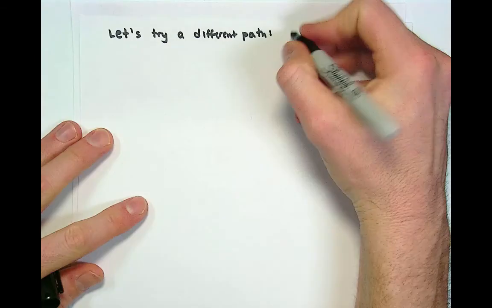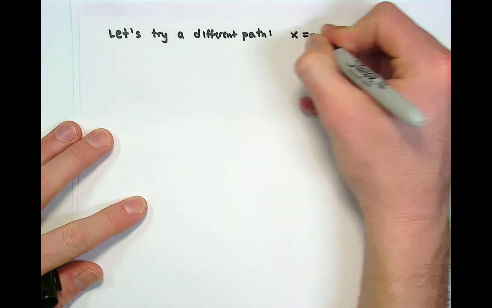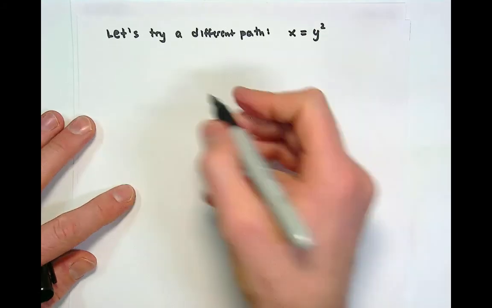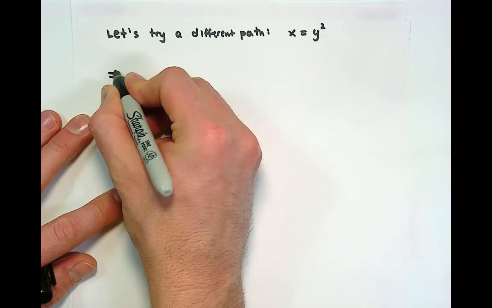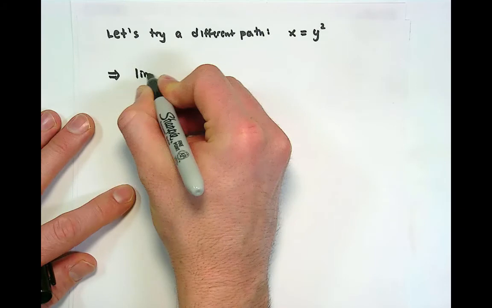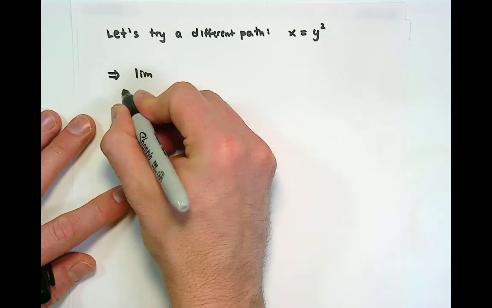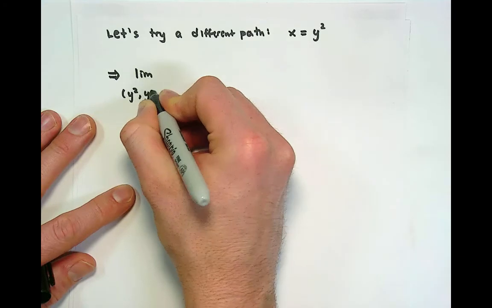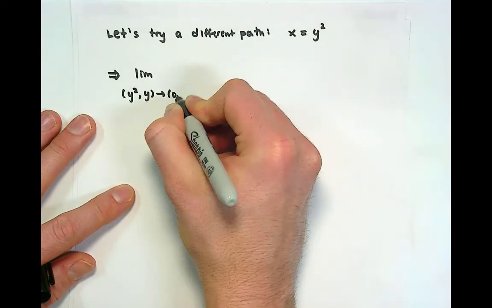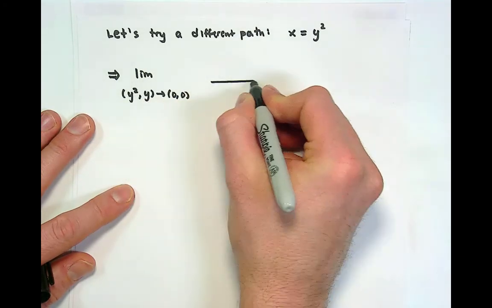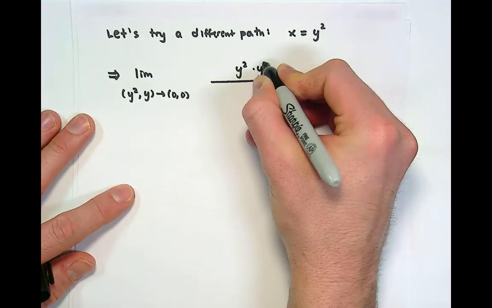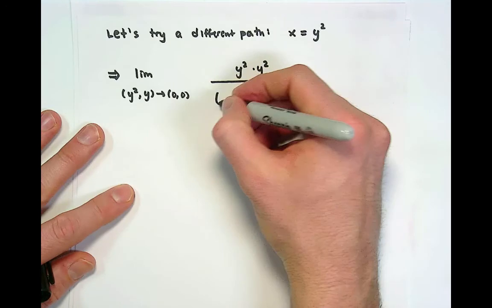We should really do this path along the x equals y squared parabola. If I do this, then the original limit that I wanted to take, where I was looking at (x, y), would now become (y squared, y), and this was going to go to (0, 0). Everywhere I had an x, I'm going to evaluate that as y squared, because that's the path I'm on.